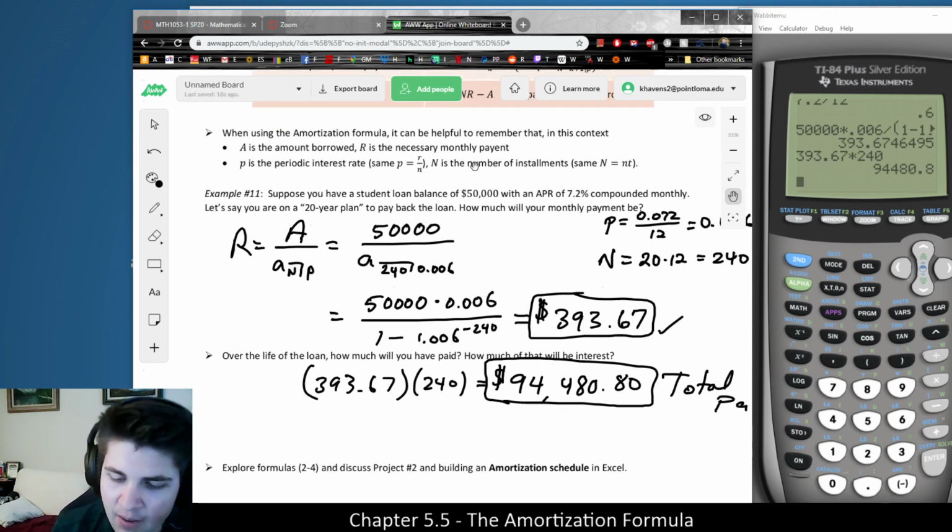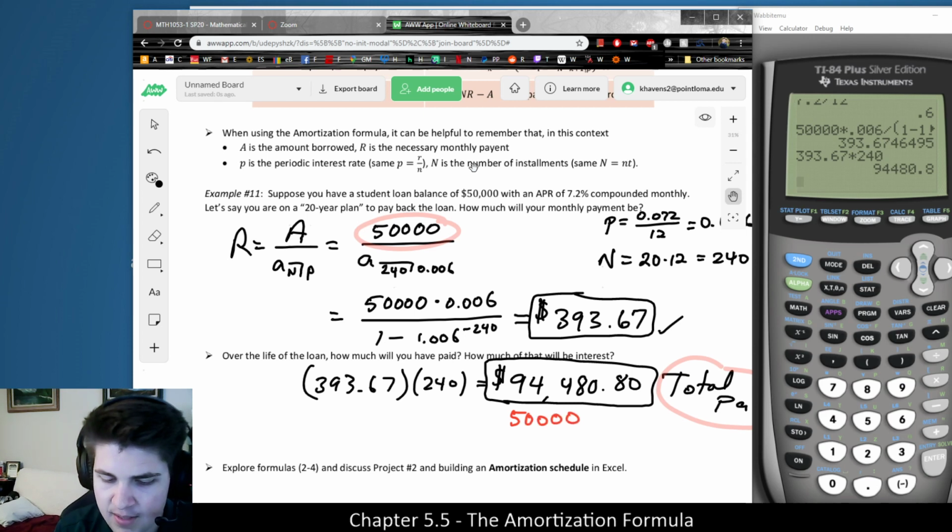So this is pretty simple now, because I found the total amount I paid, but I also know how much I borrowed. I borrowed 50,000. I paid 94,000. So if I take just the difference of those two things, which is exactly what that formula says to do, take n times r and subtract away a, that would give me my interest.